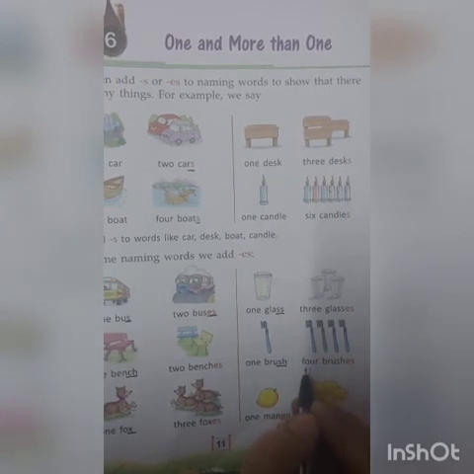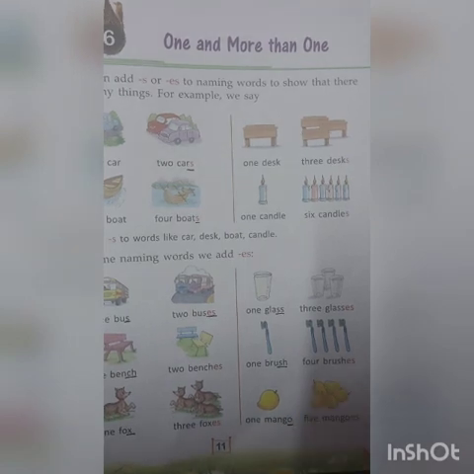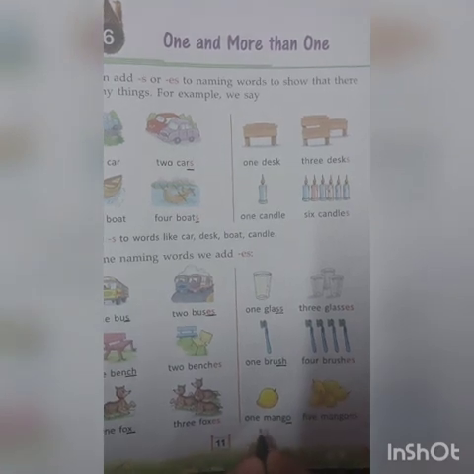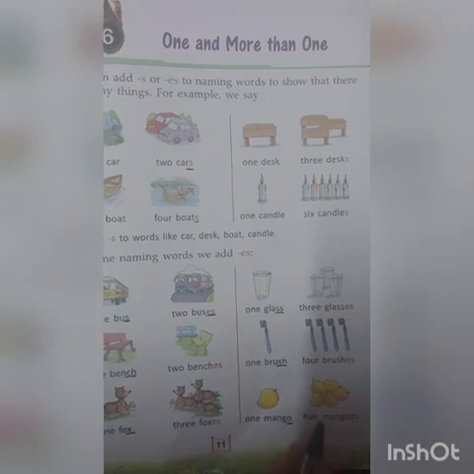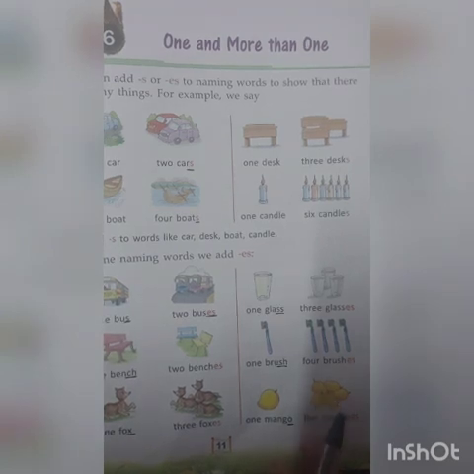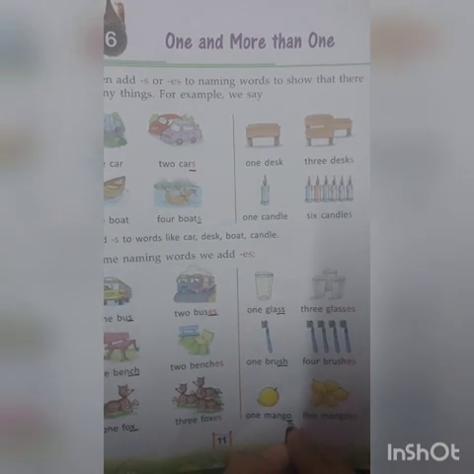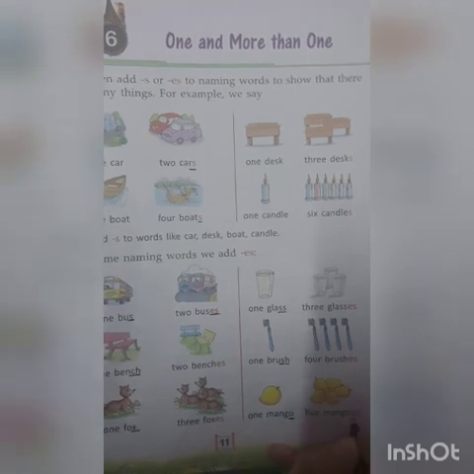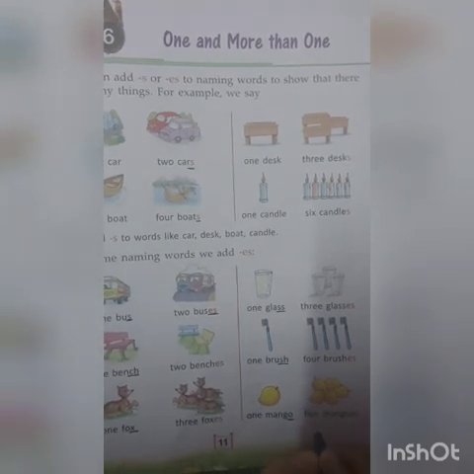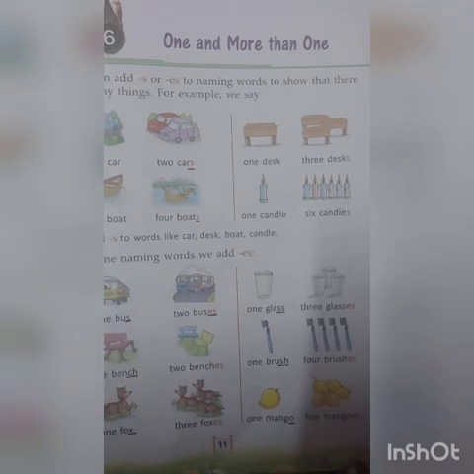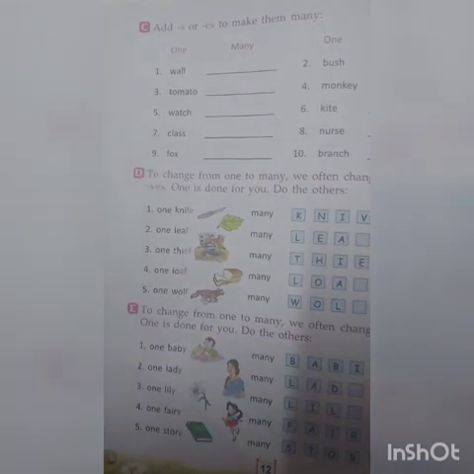Like here we have 4 brushes. Next is mango. One mango. And here we can see more than one. The word is ending with o, so we will add es to it, and we will say 5 mangoes.